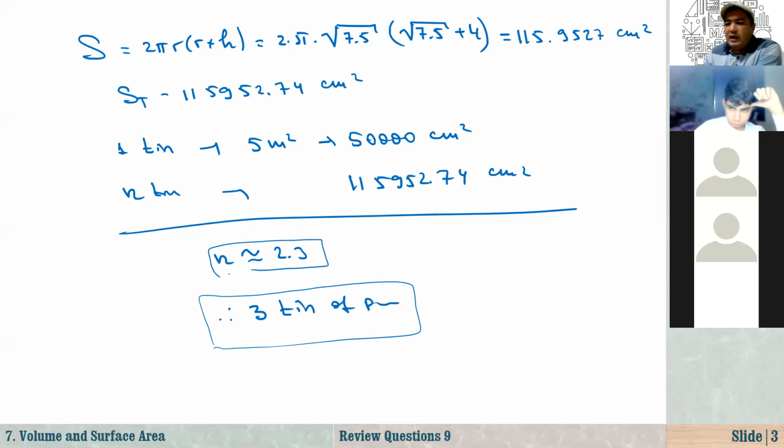You cannot buy 2.3 tins of paint, they cannot sell this. You need to buy either 2 tins or 3 tins. Since to paint this we need this much, we have to buy 3 tins so that it will be enough. If you buy 2, it will not be enough. And they are not selling 2.3, and that's why our answer is 3 tins of paint.